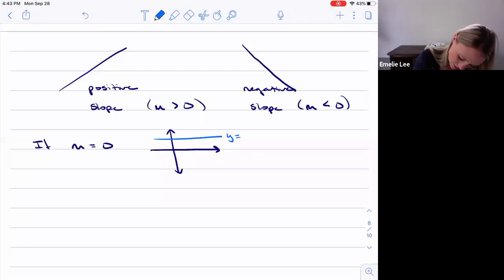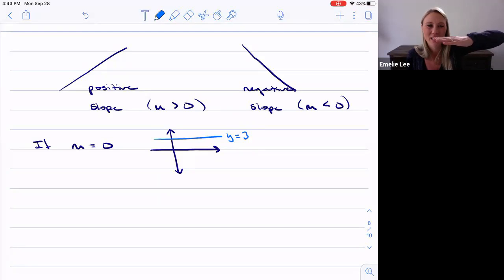Maybe y equals 3. So now I've got this horizontal line, and I don't know if you guys struggle, but I used to have a hard time with horizontal and vertical.